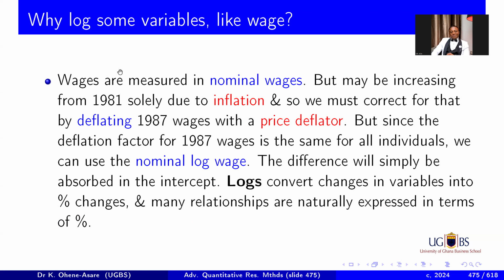Now, we are going to see that some of the variables are logged. In this context here, which variable was logged? Which variable? Wage. The wage was logged. Exactly. Why would you want to log the wage? Who can tell us? Why would you want to take the logarithm, the natural log of the wage?